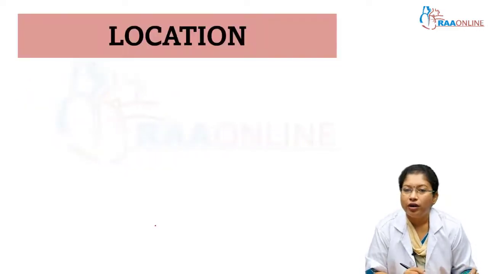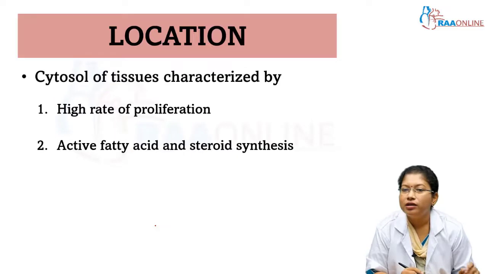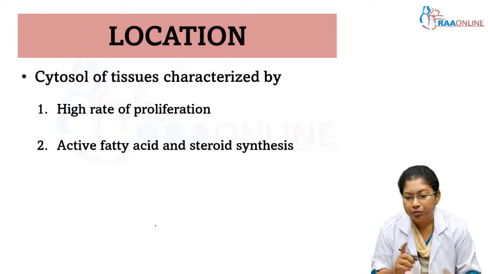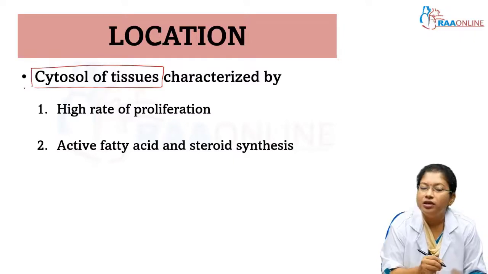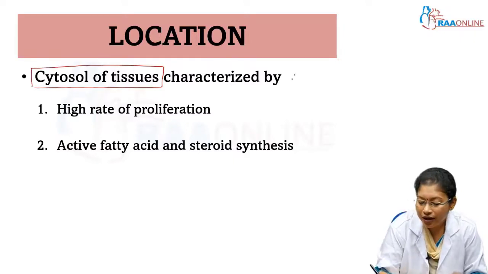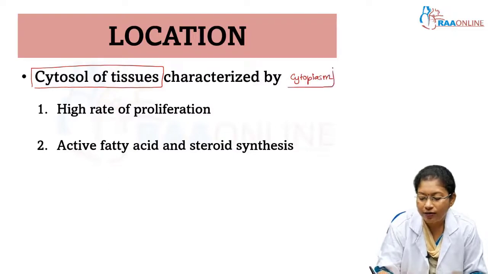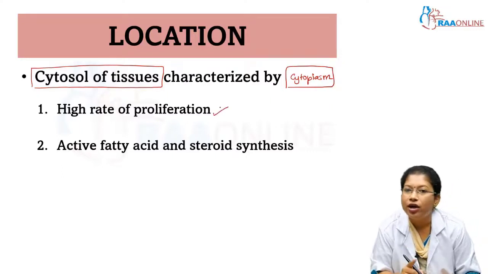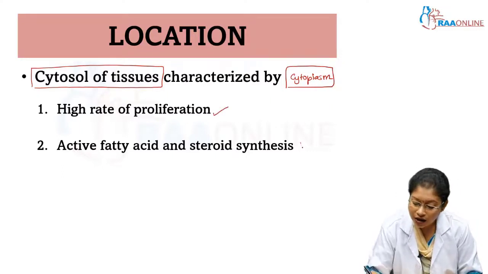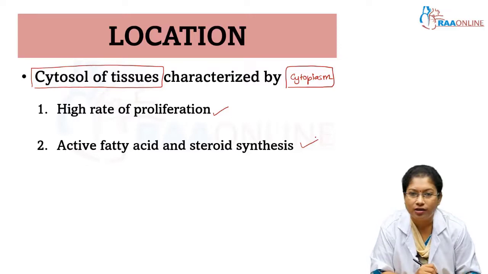So, where is it located? It is located in the cytosol of the tissues. That means all the metabolism of HMP is going to take place in the cytoplasm, like your glycolysis, and also in the tissues which have high rate of proliferation, active fatty acid and steroid synthesis.